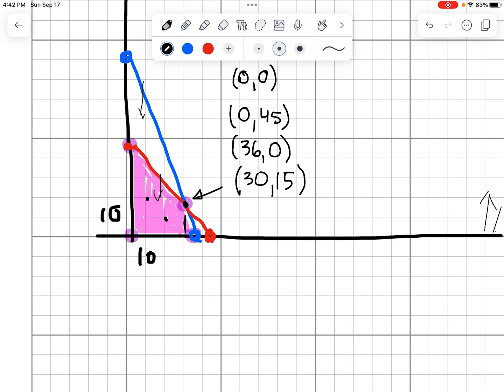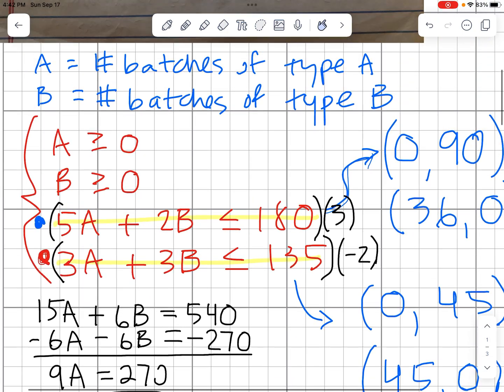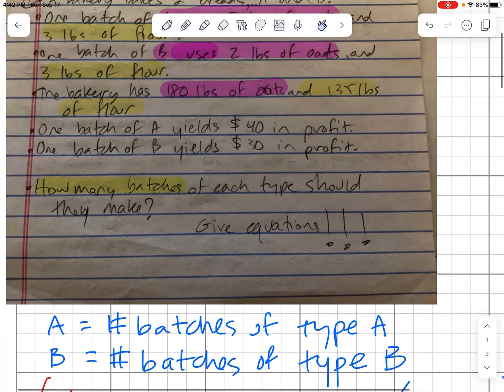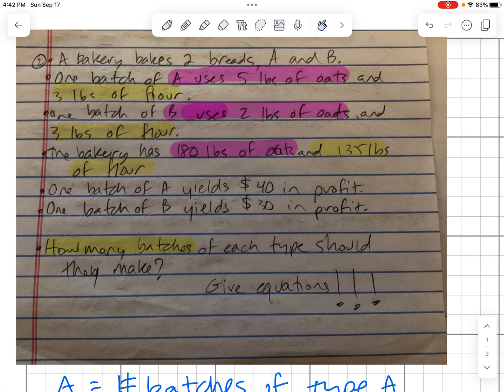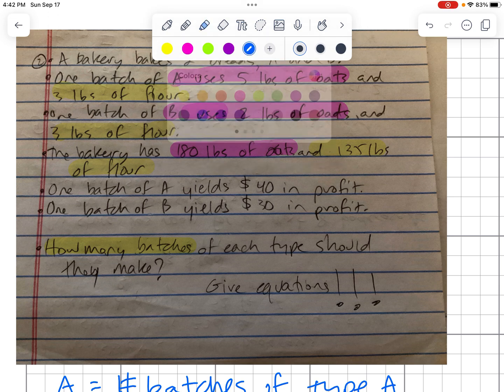Okay, so now what I'm going to do is go back to the original problem and figure out what my profit is. Okay, so they tell us right here how to determine our profit. Let me try to make this as clear as I can. So this is where I'm looking. For every batch of type A, I get $40 in profit.